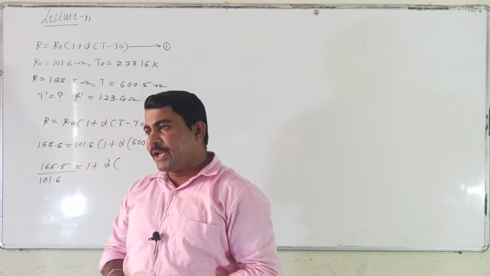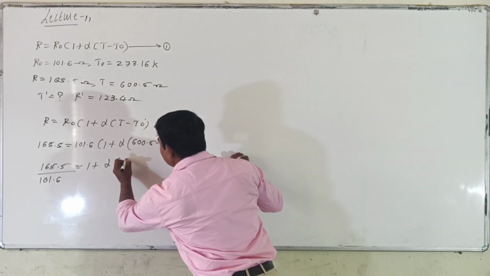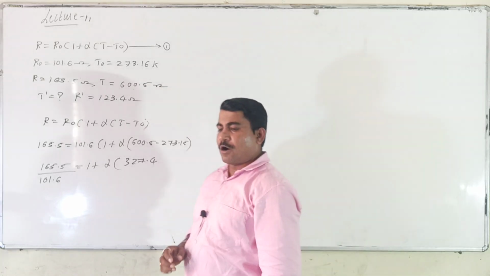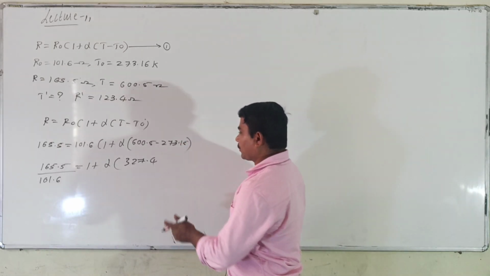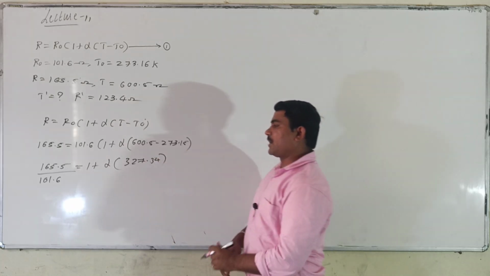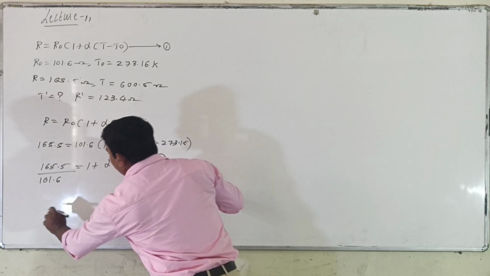How much? 327.34. Again from this you can calculate alpha values. Here just solve the value of alpha.